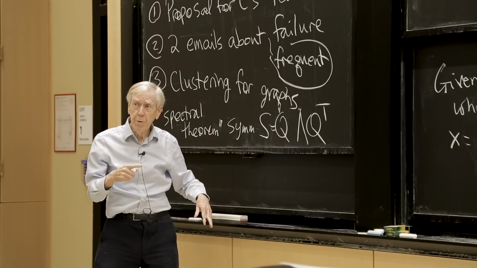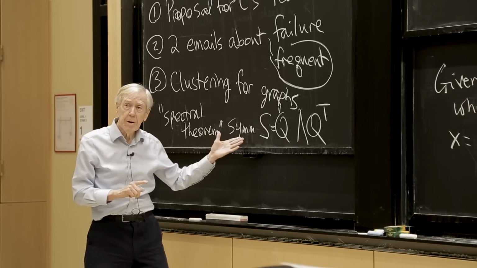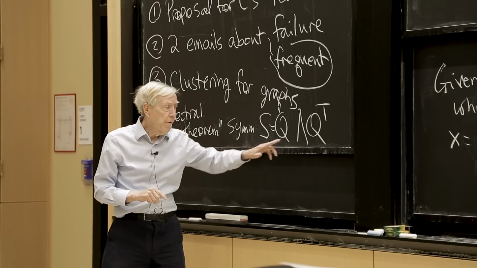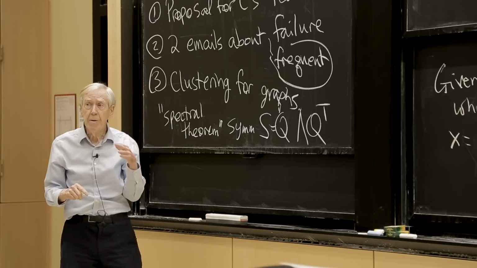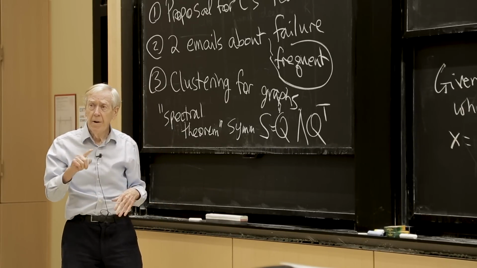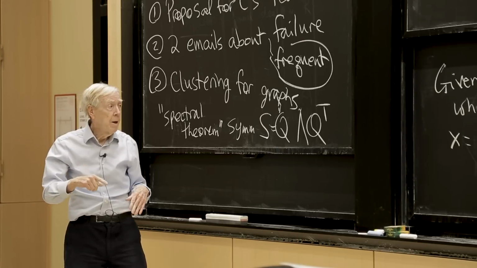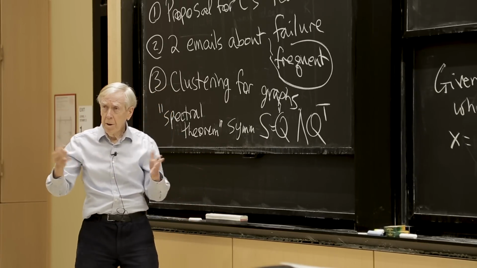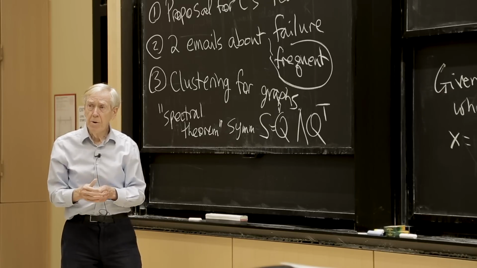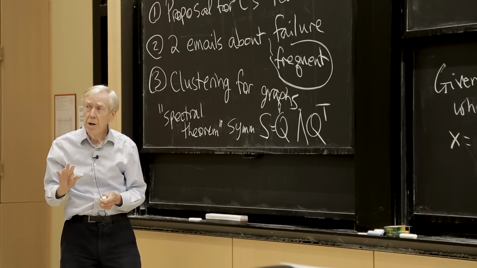For symmetric matrices, if lambda equal 5 is repeated 4 times as a solution of the equation that gives eigenvalues, then what's the conclusion?